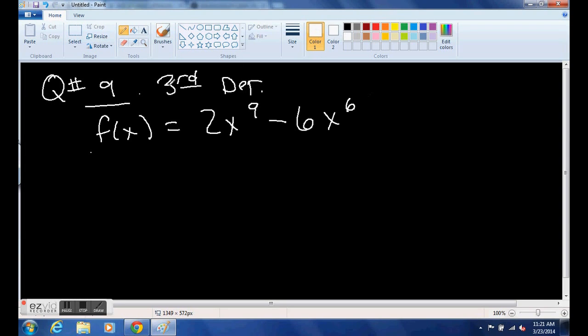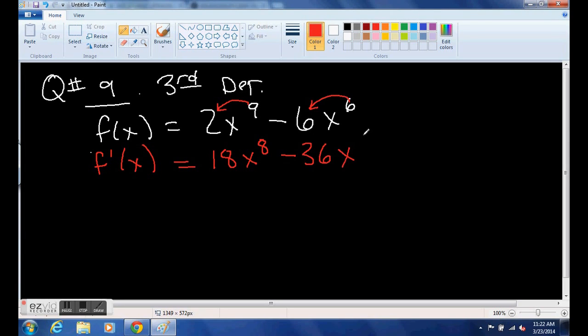Someone maybe in their mind could go right from 1 to 3, but the more traditional way to do it is to find the first derivative. The 9 will jump in front, that's 18x to the 8th, subtract 1, minus 6 jumps in front, multiplied, 36x to the 5th, that's the first derivative.